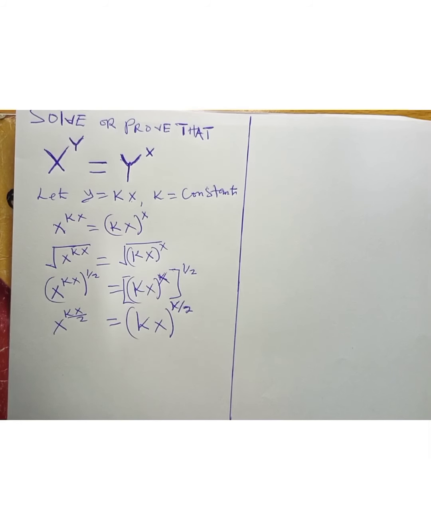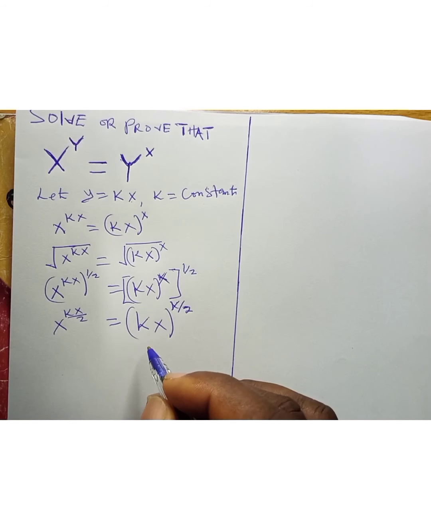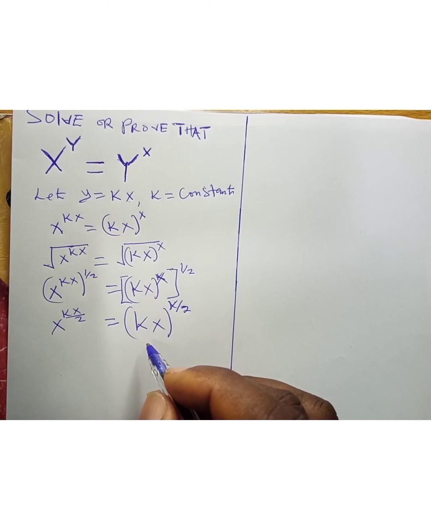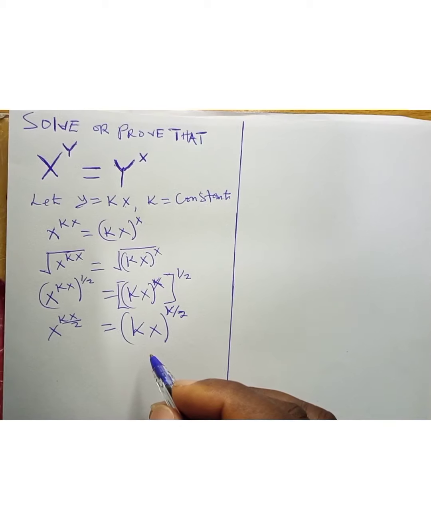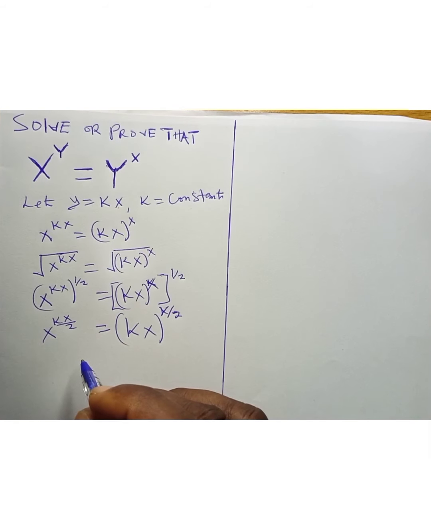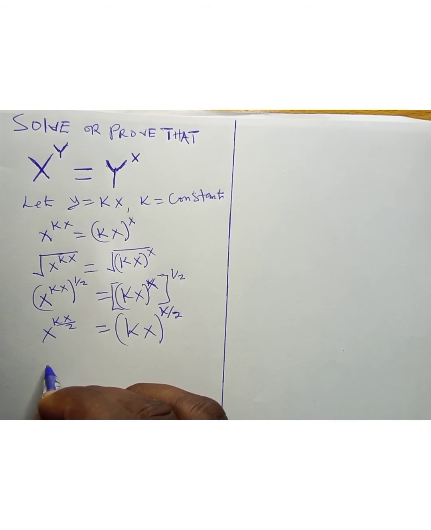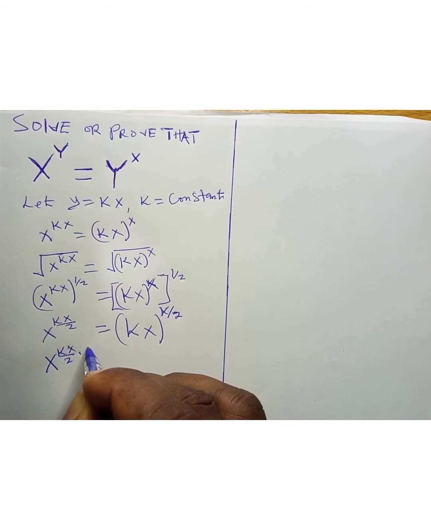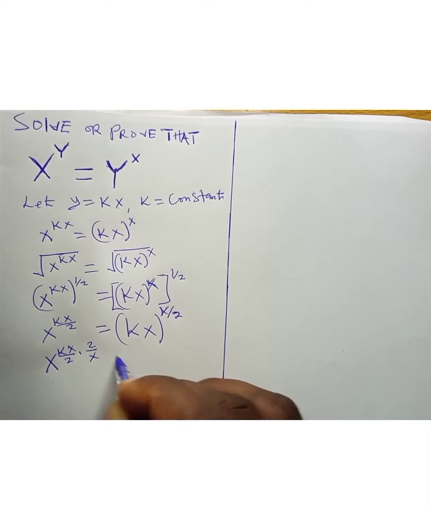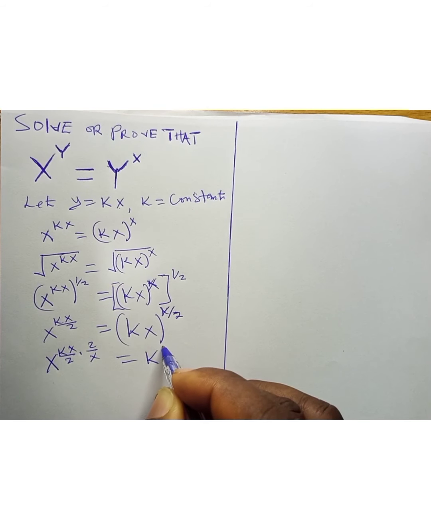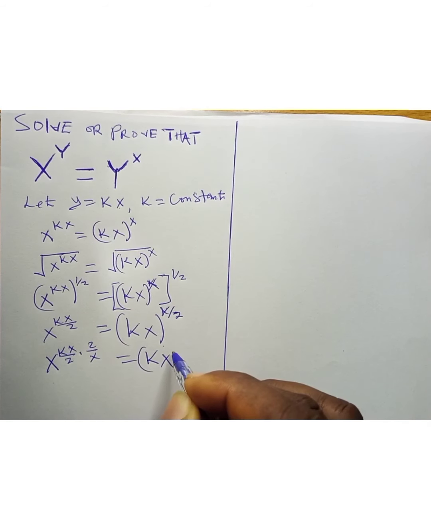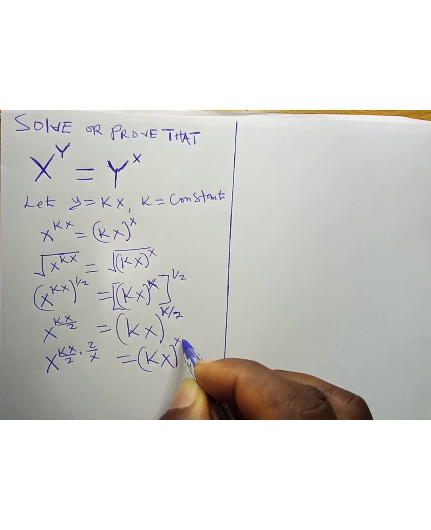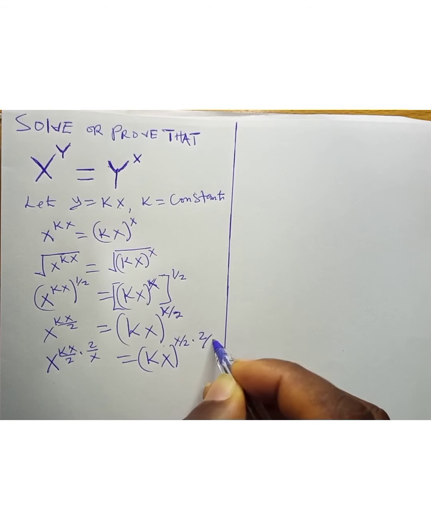Let us multiply both sides, that is the power, by 2 over x. If we multiply the power on both sides by 2 over x, we are going to have x raised to power kx divided by 2 times 2 over x equals kx raised to power x over 2 times 2 over x.